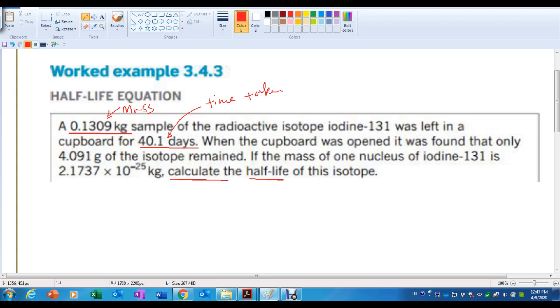So that would be the mass remaining, the mass of remaining undecayed radioisotopes.